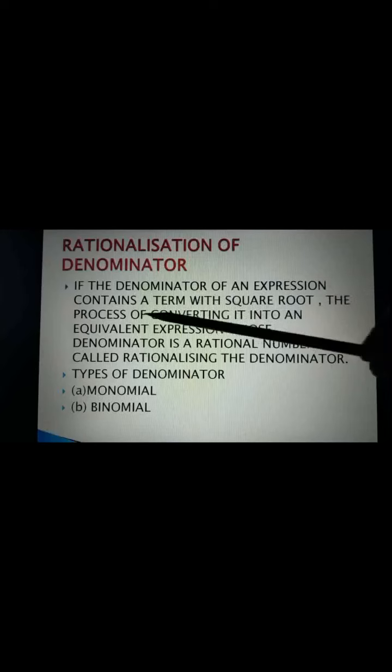The process of converting it into an equivalent expression whose denominator is a rational number is called rationalizing the denominator.